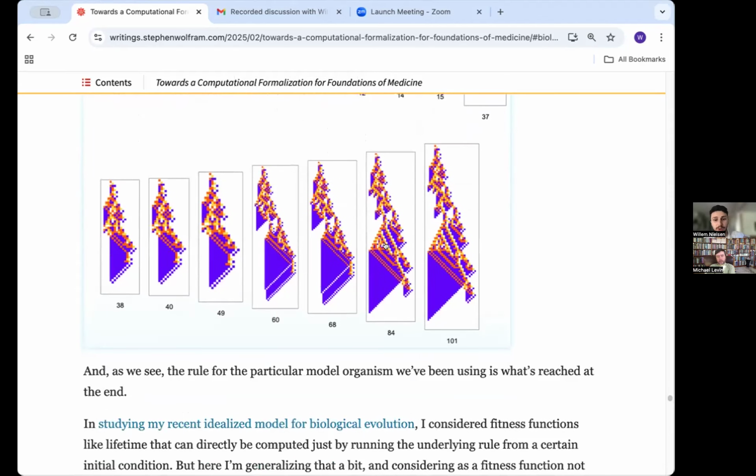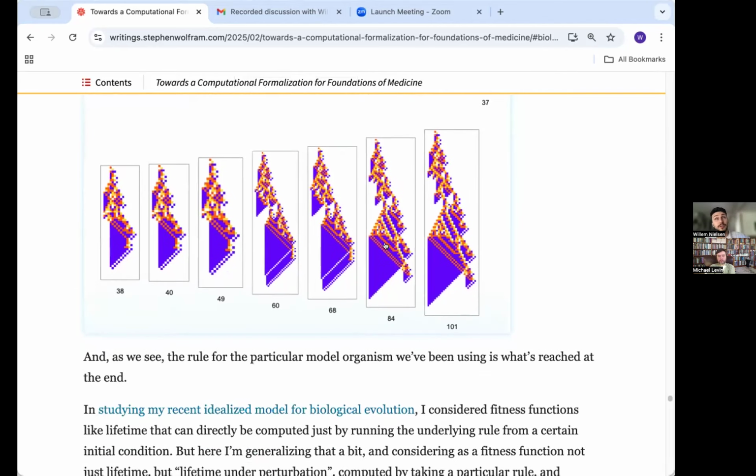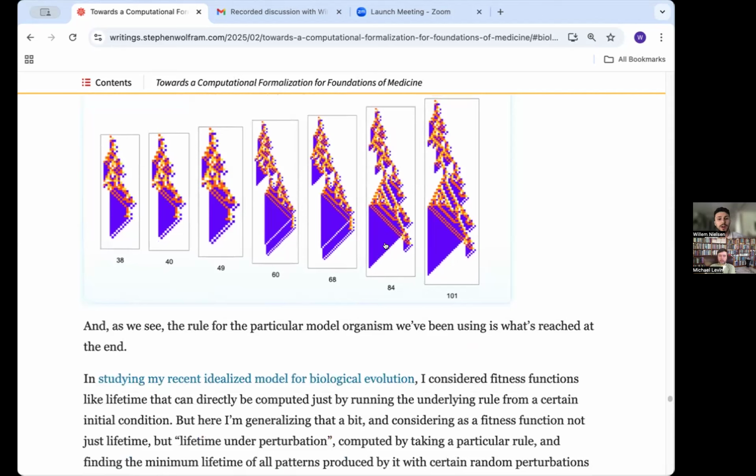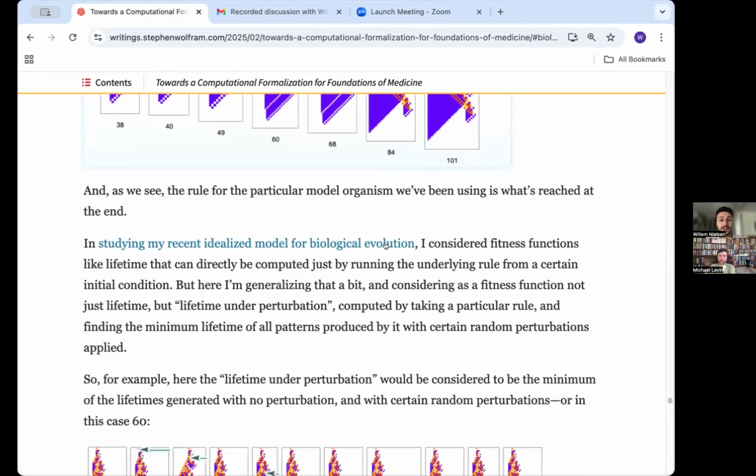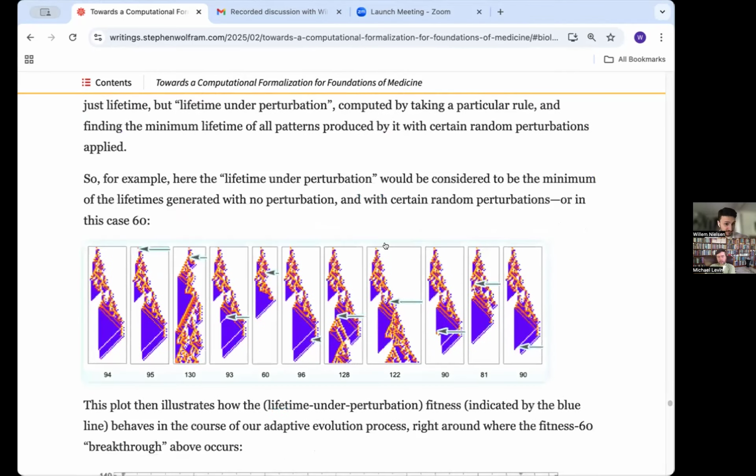So that's a normal evolution, but when we were evolving these, because we're looking from the perspective of medicine, we wanted them to be robust. This is one of the main things I wanted to ask you about. We do that same evolution, but we perturb it during the evolution.